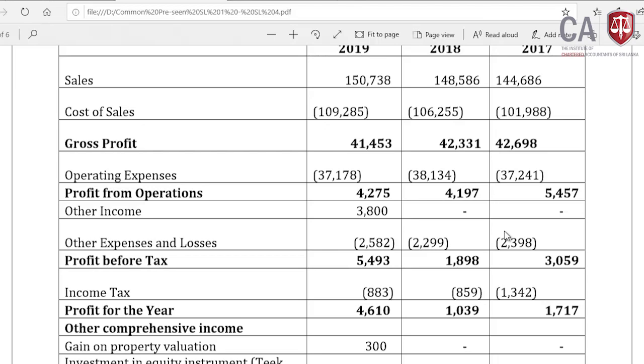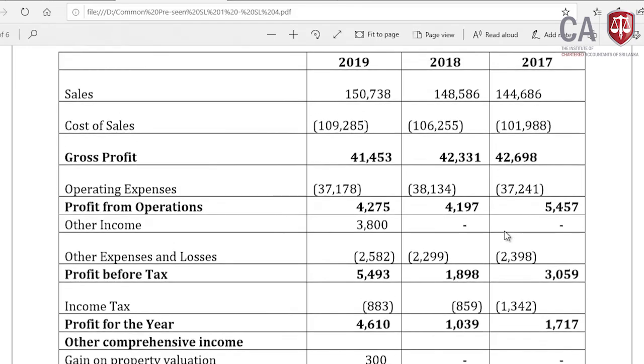So, what are the reasons for that? If you look at 2019, there is an other income figure of 2,800 that has contributed to increase the profit in 2019, but we do not know the source of this other income.